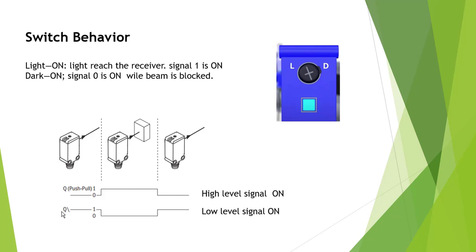But Reverse Q, when it detects the object, has no level signal on, no signal. So that's why the high level signal on is Q. Reverse Q is the no level signal on. It's light on, dark on.